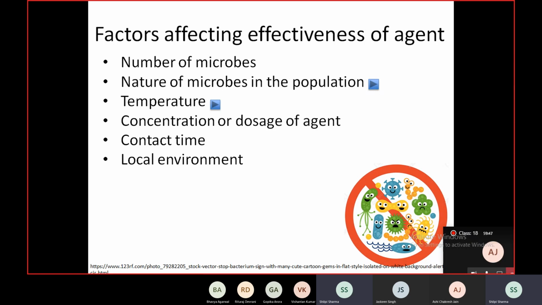And this is the same, whether you're talking of physical agents or chemical agents, it will be the same factors affecting the effectiveness of an agent.